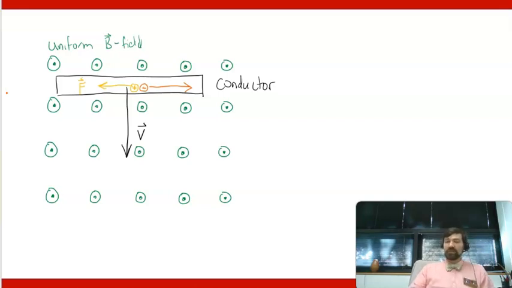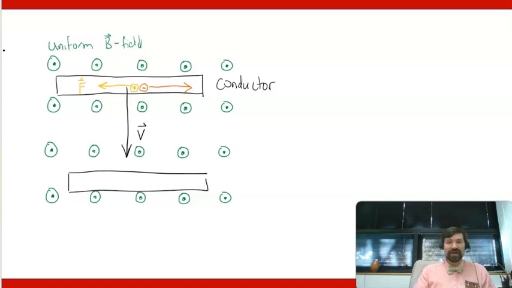Essentially, what I would expect to happen is that as this piece of metal moves through the field and this force acts on these particles, there starts to be a buildup of charges, so that I end up with a bunch of positive charges on one end of the metal and a bunch of negative charges on the other end, like this.